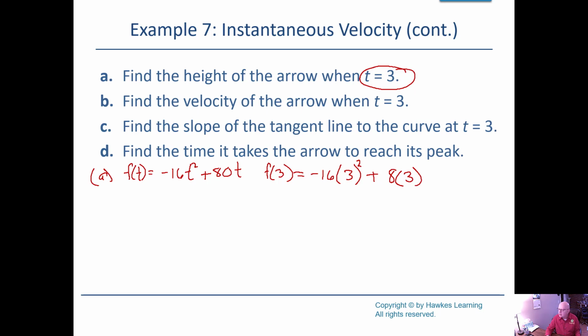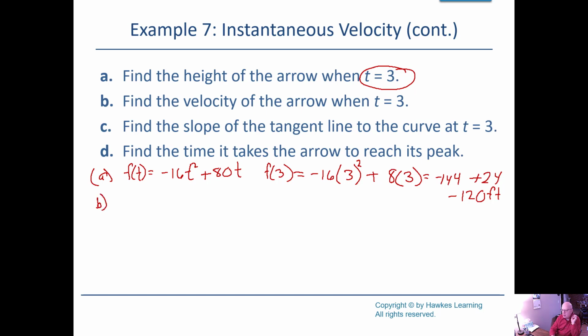So we've got 9 times 16 is negative 144, plus 80 times 3 is 240. Okay, did I make a mistake here? I don't think so.